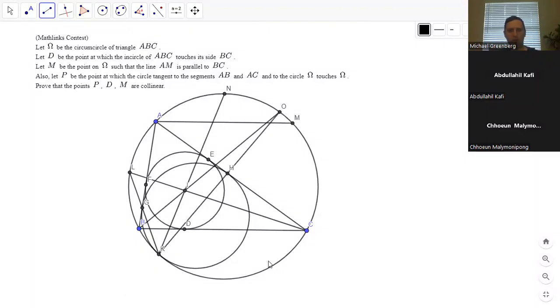And we want to show that K, B, and M are collinear. Can we use a homothety somehow? Basically, it is equivalent to... D is like the bottommost point of this circle.